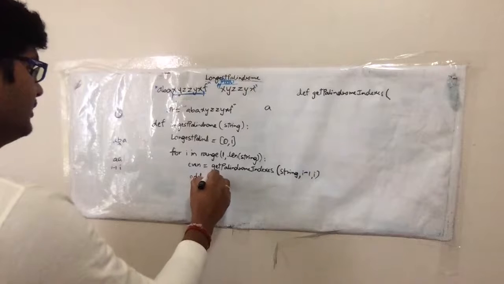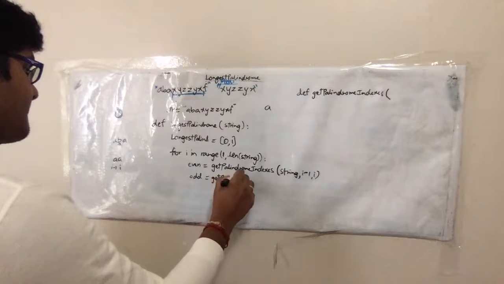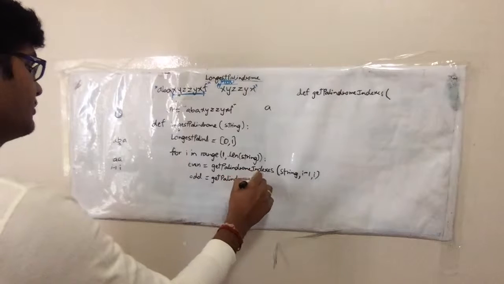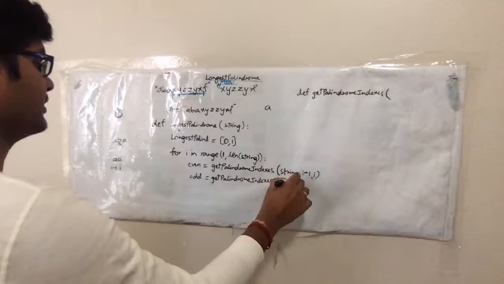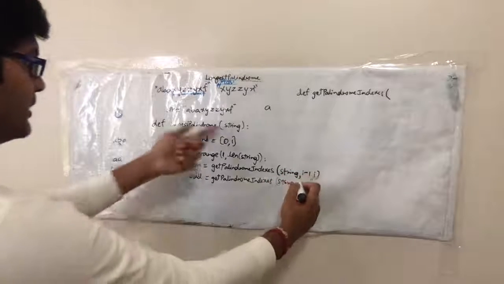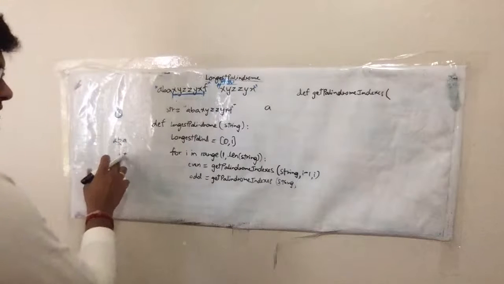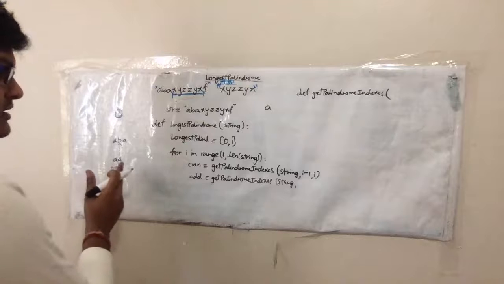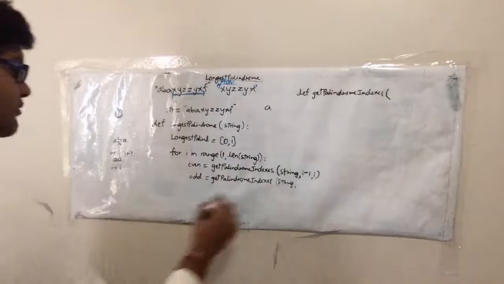Similarly, for odd index, get palindrome indexes. Same, you need to pass the given input string, and call it differently. That is, if you are calculating at index I, you need to pass the left index as I minus 1 and right index as I plus 1.